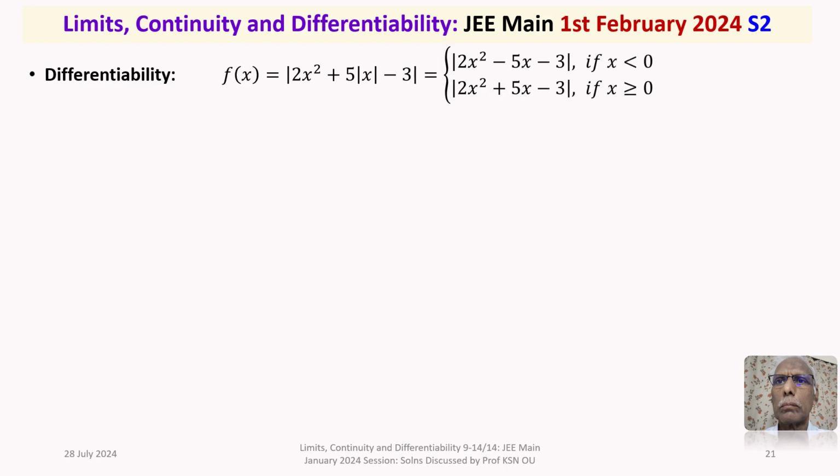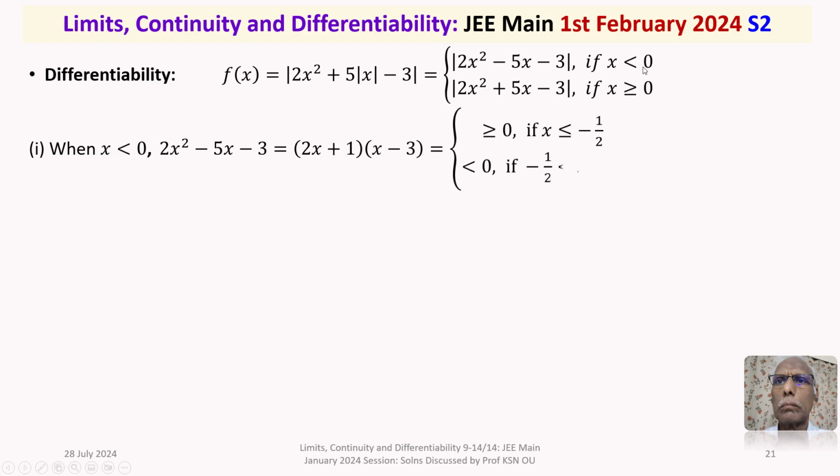Now we deal with two cases. Case 1, when x is negative. Let's take the function 2x square minus 5x minus 3 and factorize. You'll get 2x plus 1 into x minus 3. Agreed? And where is this 2x plus 1 into x minus 3 greater than or equal to 0? 2x plus 1 equal to 0 will give you x is equal to minus 1 by 2.